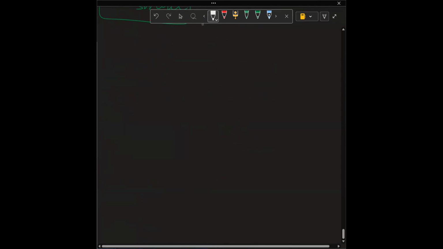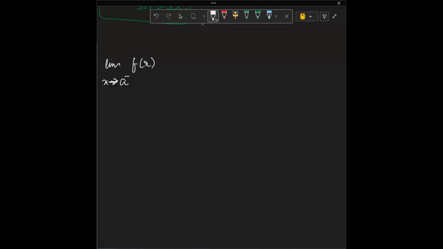So in elaborated form, this represents limit x tending to a minus f(x) should be equal to limit x tending to a plus f(x), and this must be equal to the function f(a).